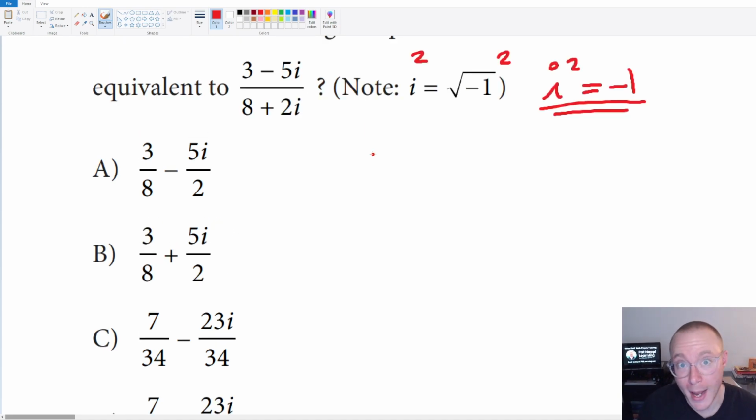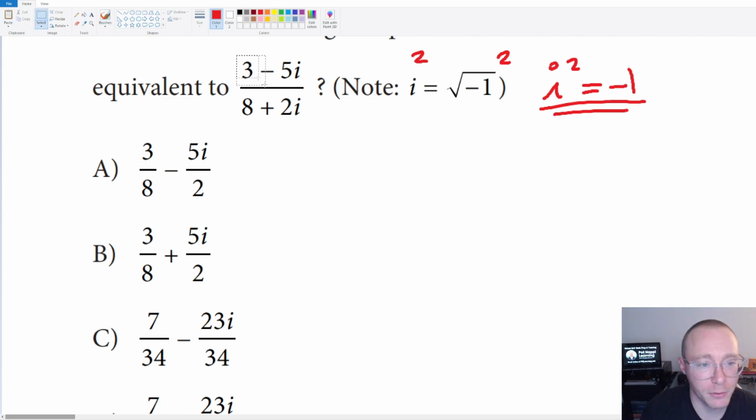So the way you do that, right, the way that you can get an imaginary number out of the denominator and make it so that you can split up a fraction is to multiply the numerator and denominator by a complex conjugate, and particularly by the conjugate of the denominator. So what do I mean?